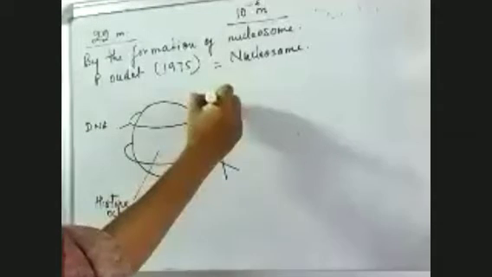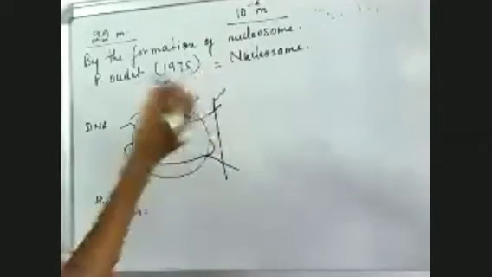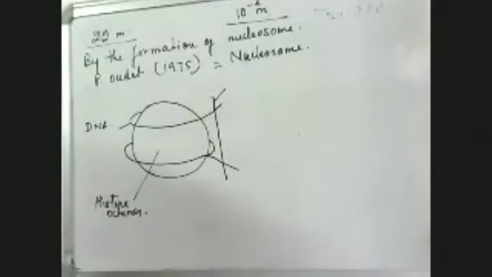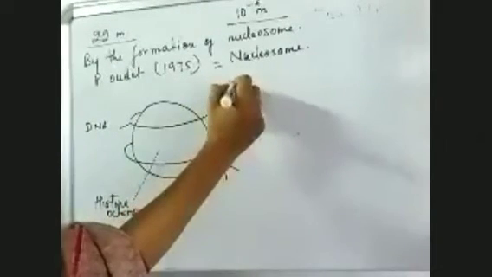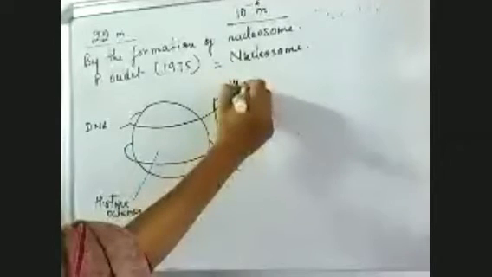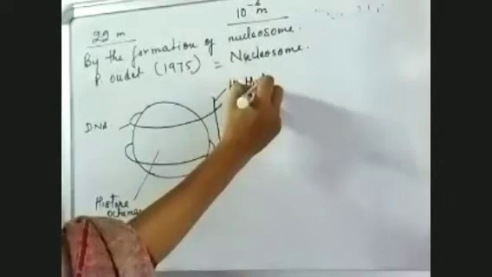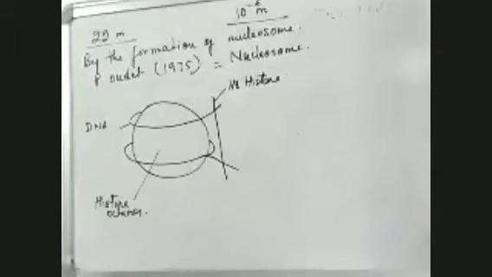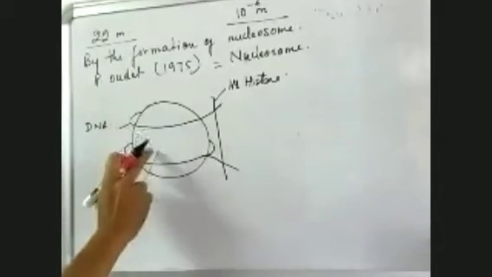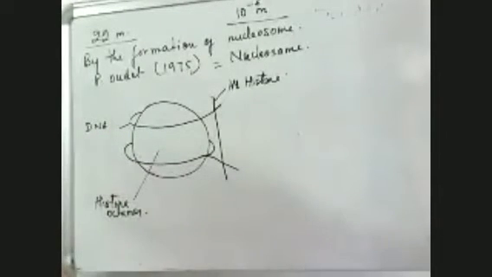And this is the H1 histone. This name is rarely taken. We say that there are 8 histone proteins here, the octamer.